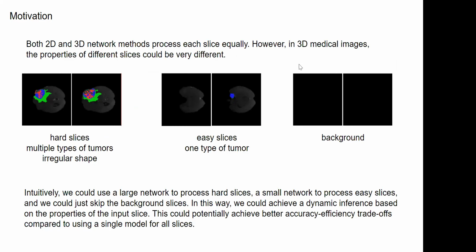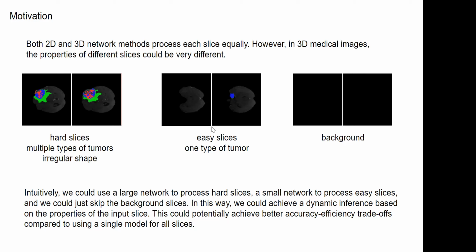But in 3D medical images, the properties are very different across slices. In the first one, we see multiple types of tumors in very irregular shapes. Those are very hard slices to segment precisely, so we may need a stronger and larger model to deal with them.